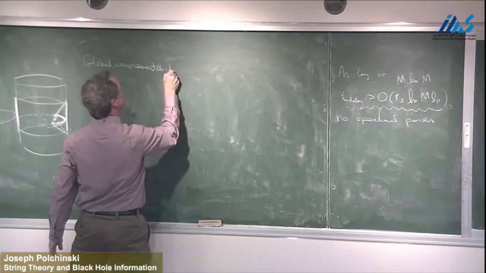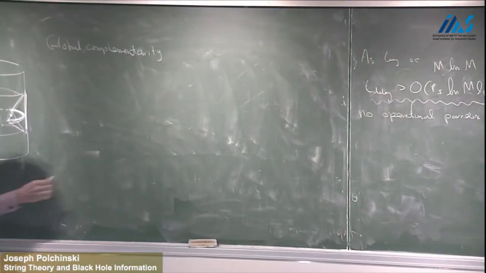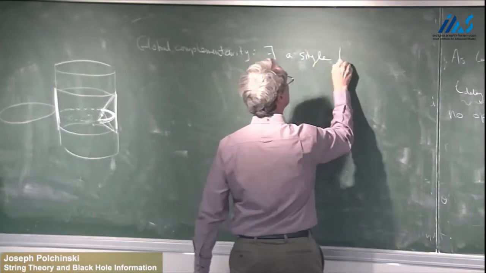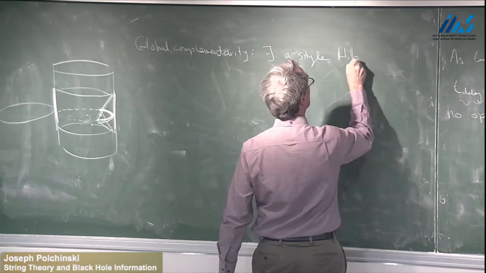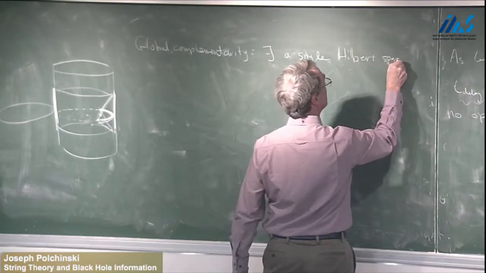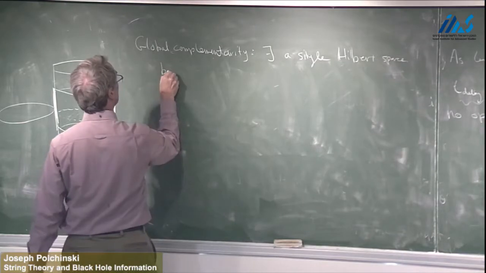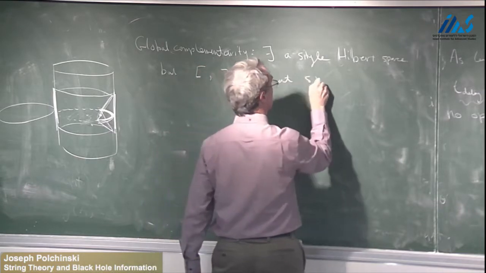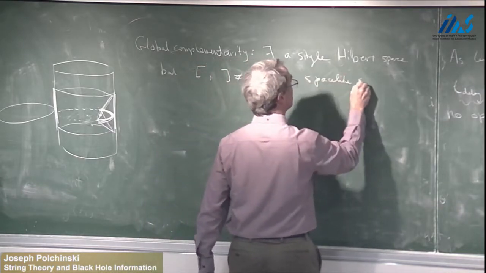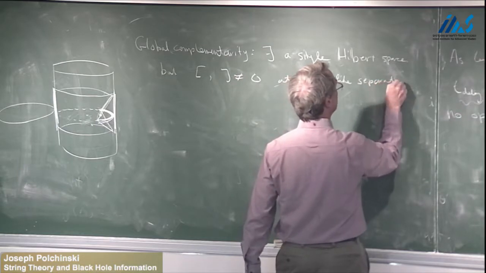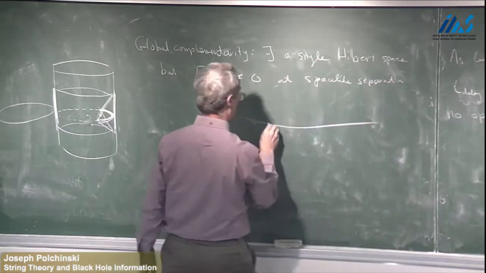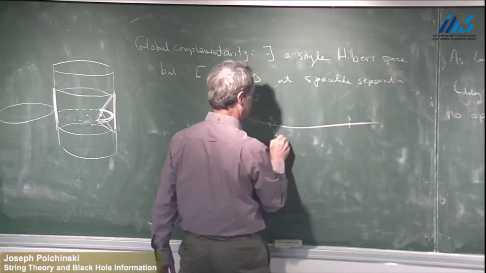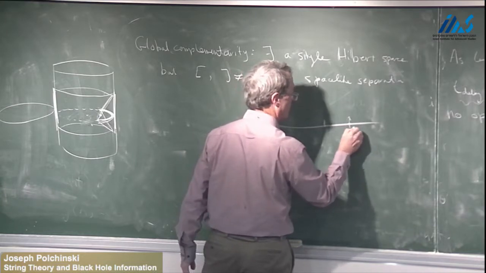which says that there is some global Hilbert space, some global set of space. There is one Hilbert space, but operators don't commute at space-like separation. I think this was the common interpretation. That is, here's your space, and normally you would have an operator that creates the bit B1.